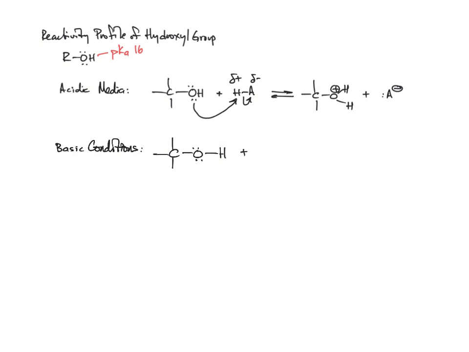Now we're going to treat this with a base, let's say the base is sodium hydride. So sodium hydride is our base. We know that reactions take place with an acid-base pair or nucleophile-electrophile pair. So if that's the base, this is the acid.